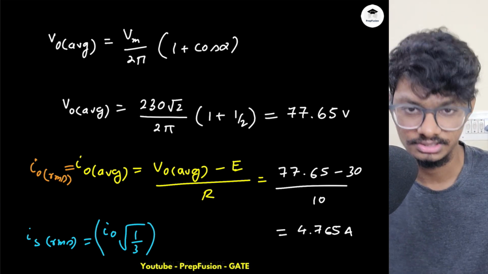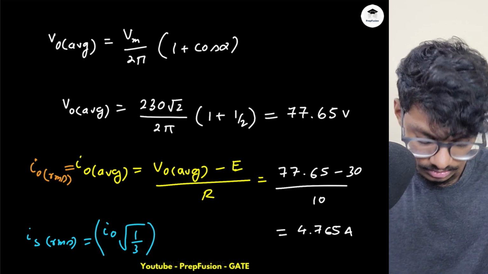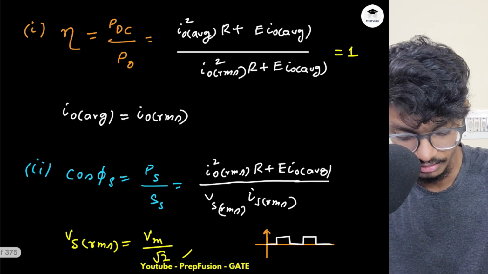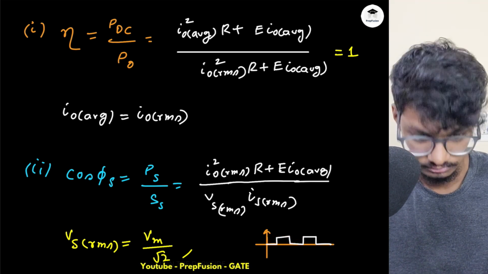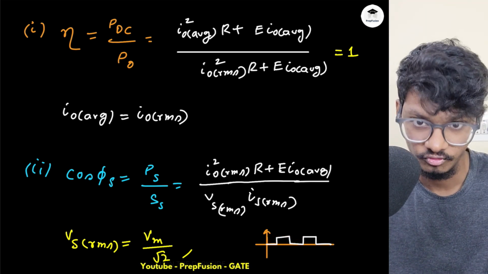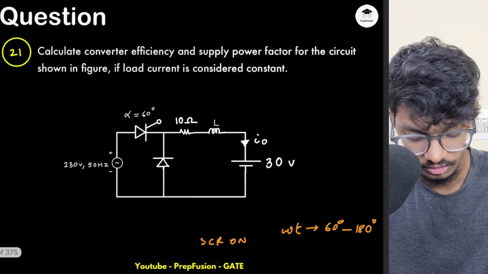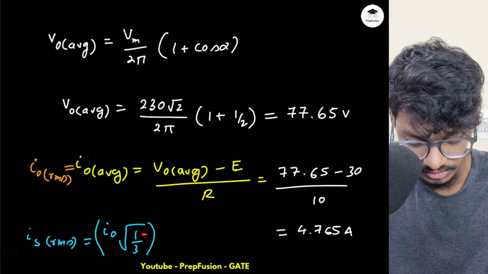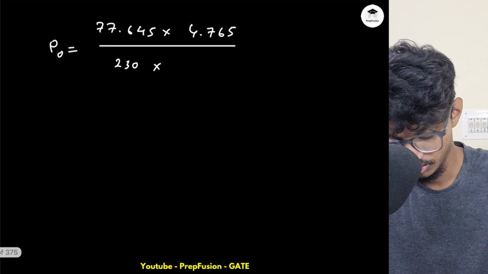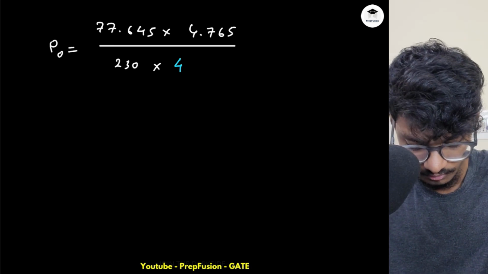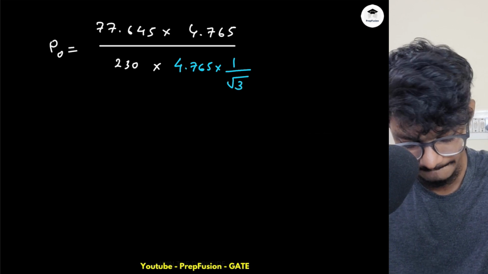You can see my complex power lecture, where I have explained how this 1 by 3 comes up. For an overall period of 2 pi, this is only conducting for 2 pi by 3. So that's why this will be 120 upon 360, overall 1 by root 3. So this will be 4.765 into 1 by under root 3.